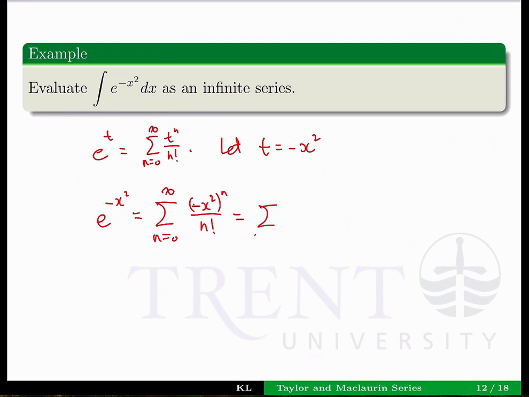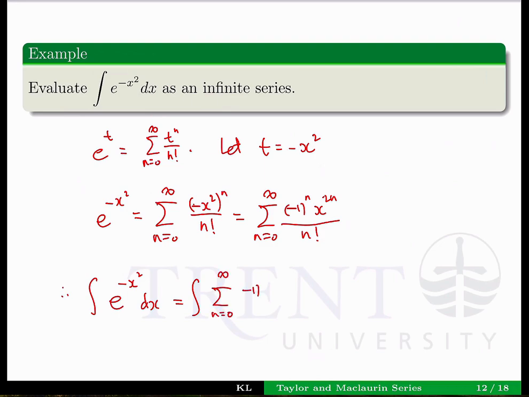This is equal to the sum, n from 0 to plus infinity, of negative 1 to the n, x to the 2n, divided by n factorial, which means the integral of e to the minus x squared dx is equal to the integral of the sum, n from 0 to plus infinity, of negative 1 to the n over n factorial, x to the 2n dx.